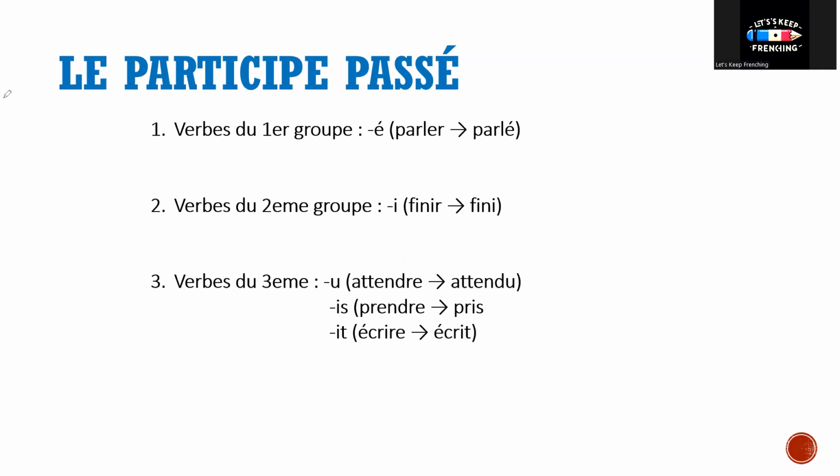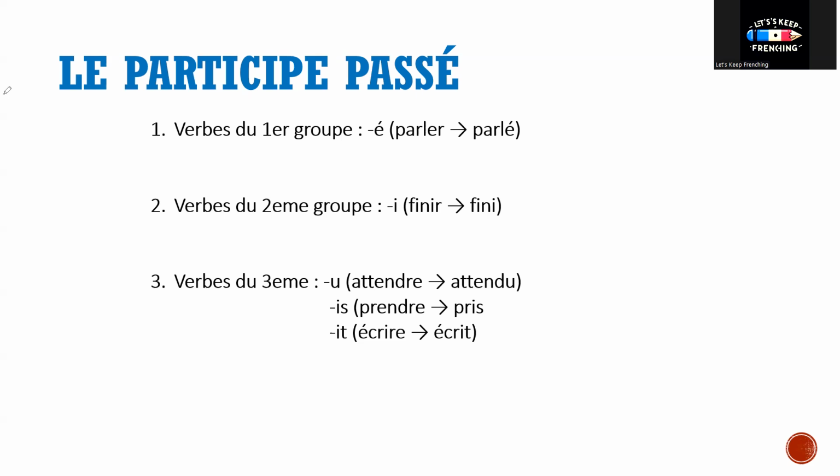What I can tell you here is there is a high chance that the verb will finish with U. There's a high chance. With that in mind, there are other verbs that can finish with ES or IT.